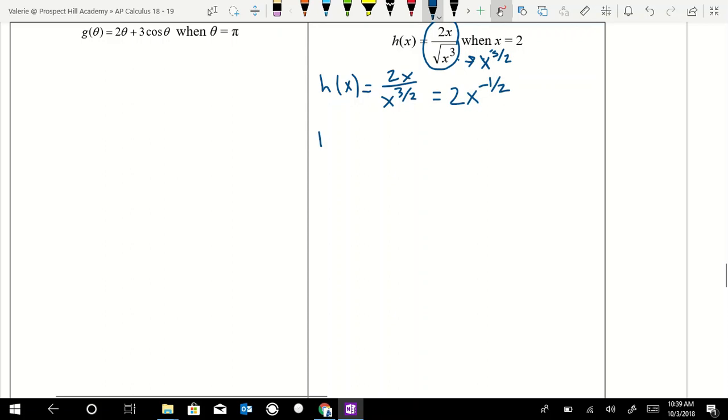So then h prime of x is equal to negative 1x to the negative 3 halves, which in this case is just equal to negative 1 over square root of x cubed.